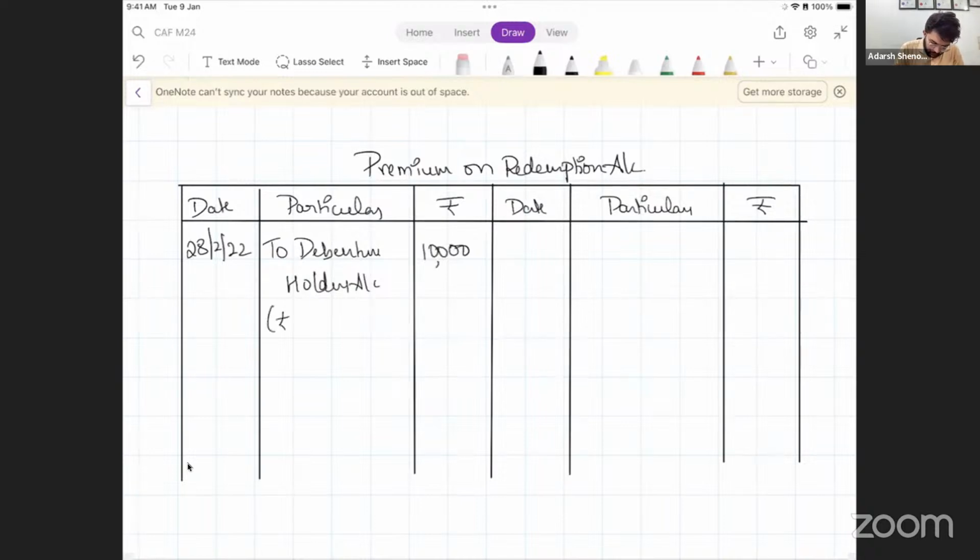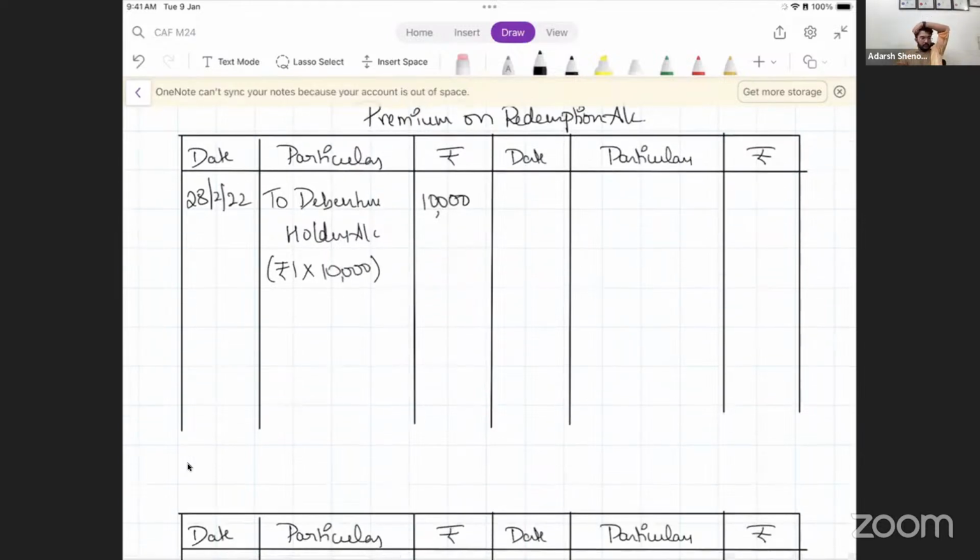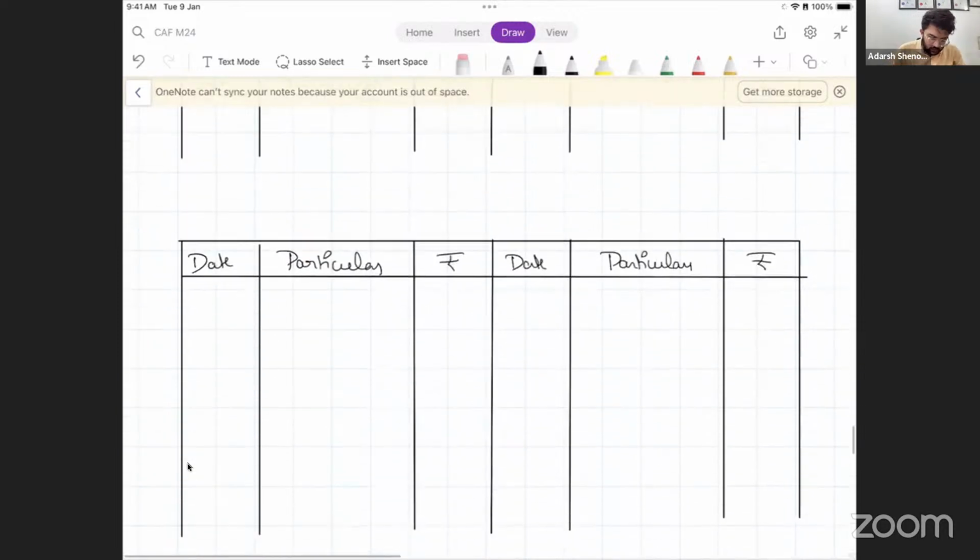10,000. Next I have to credit this to the debenture holders account, right? The liabilities towards the debenture holders, so we will have to credit the debenture holders account.